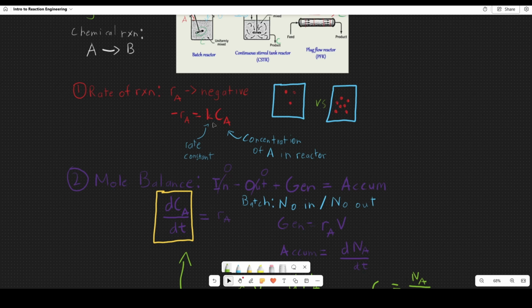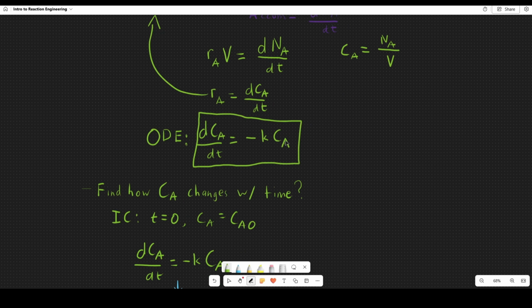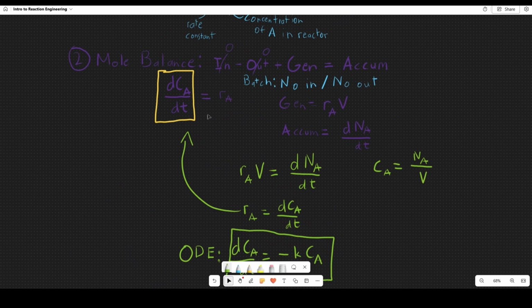When it comes to second order or third order reactions, this R sub A is going to change. That's what's going to fluctuate. And so it's just a matter of plugging in what R sub A is into this equation, and then solving for the concentration.